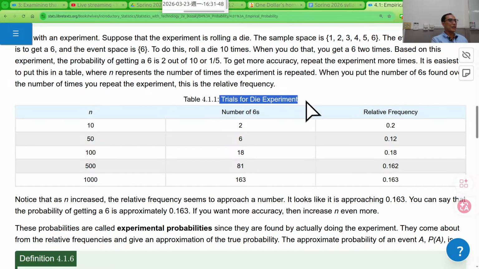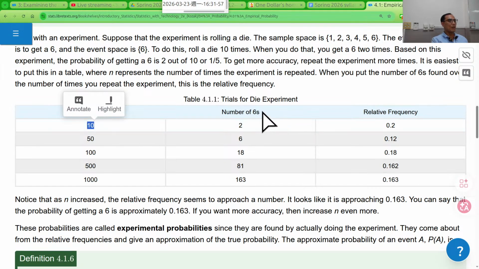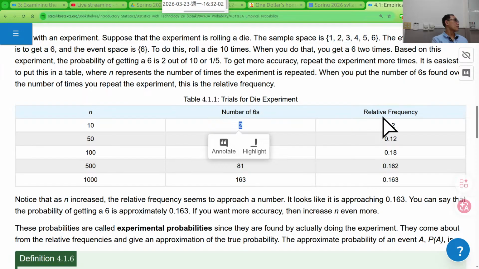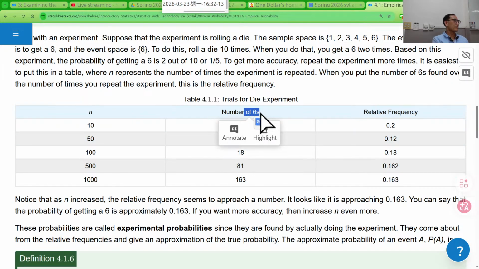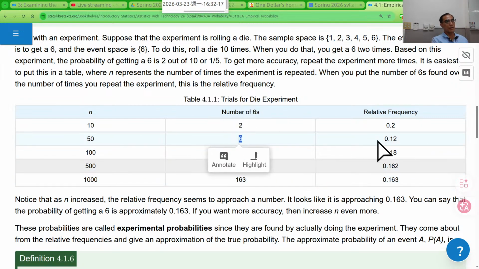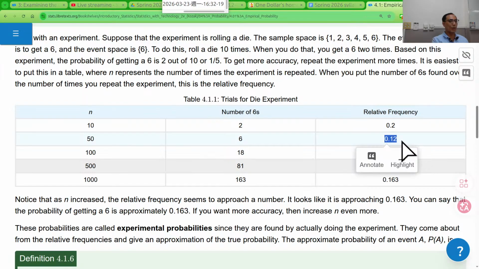Let's check trials of a die experiment. If we roll a die 10 times, the number 6 appears twice, and the relative frequency is 0.2. If we roll a die 50 times and 6 appears 6 times, the relative frequency would be 0.12.